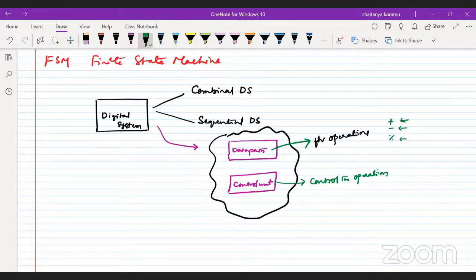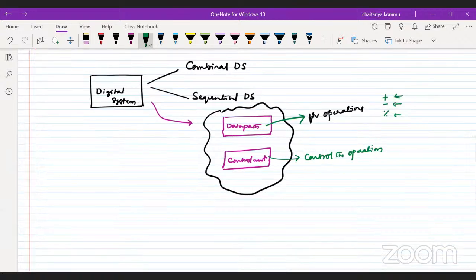Therefore, if it is a very large digital circuit, generally it consists of a data path unit and a control unit. Usually, this control unit is nothing but a sequential circuit, a sequential digital system.